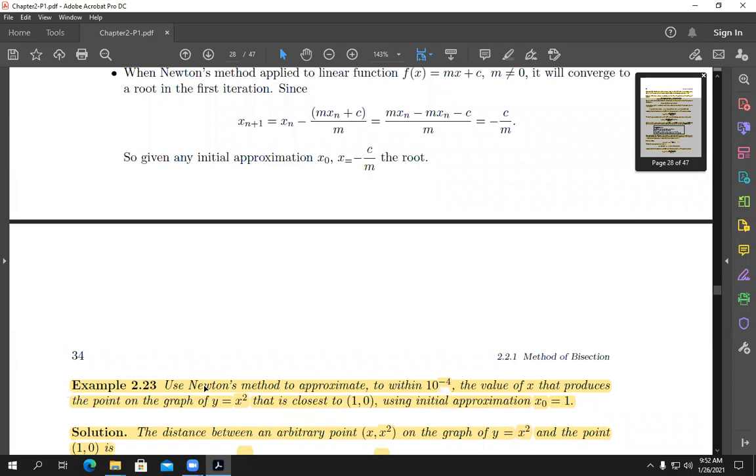Yes. 32. Yes. 33. 34. 35. 36. 37. 38. 39. 40. 41. 42. 43.